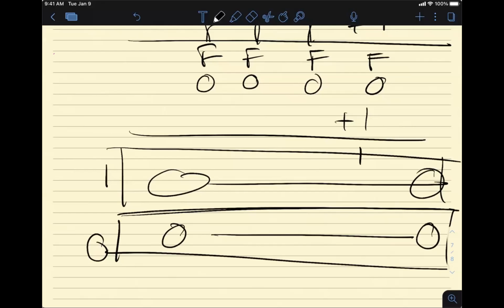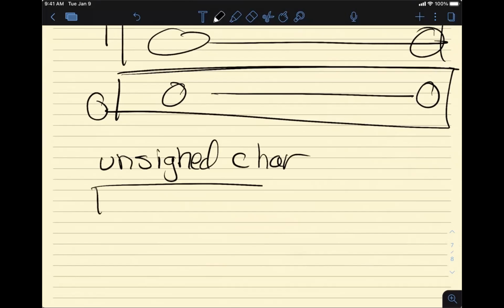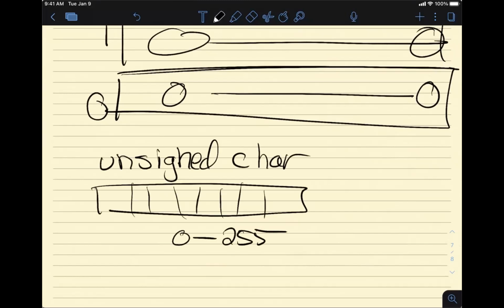Right, well, let's look at the difference between, let's just take char. So an unsigned char is 8 bits, and all 8 bits are part of the number. So you've got 0 to 255. There are no negatives.